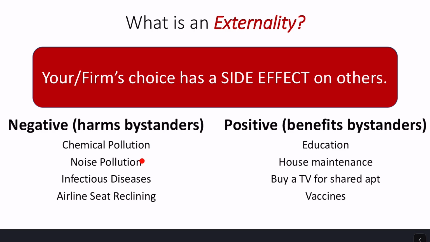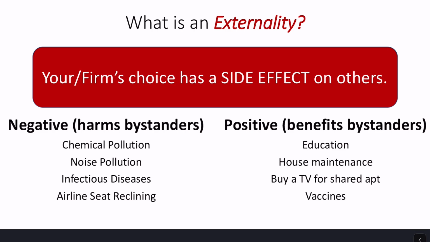Same thing for noise pollution. Another example is air pollution or other risky behavior that could be affecting the health of others. Infectious diseases, going around coughing and sneezing everywhere on people, that's going to get them sick. Those negative impacts on others aren't necessarily taken into account when people decide to do that.